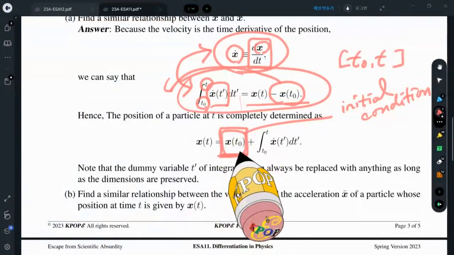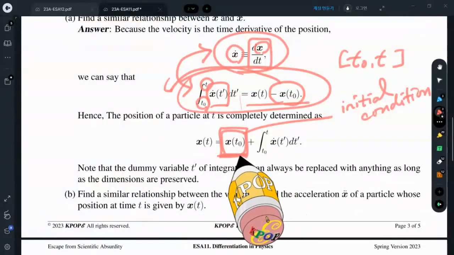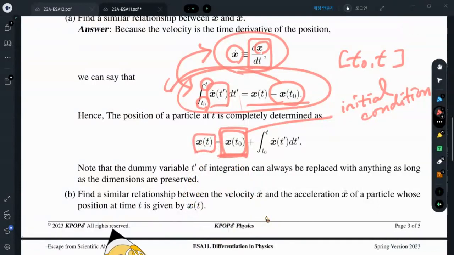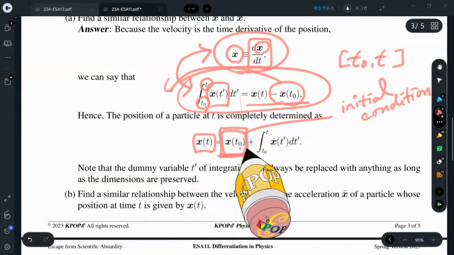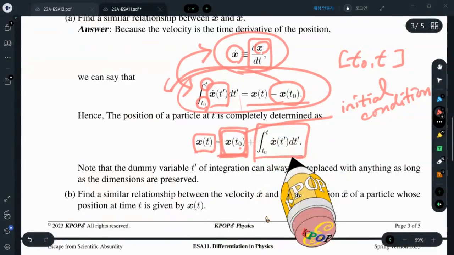The position at t equals 0 should be known to determine the position of a particle at any time. And the difference, that is the displacement, is the integral of the velocity with respect to time.